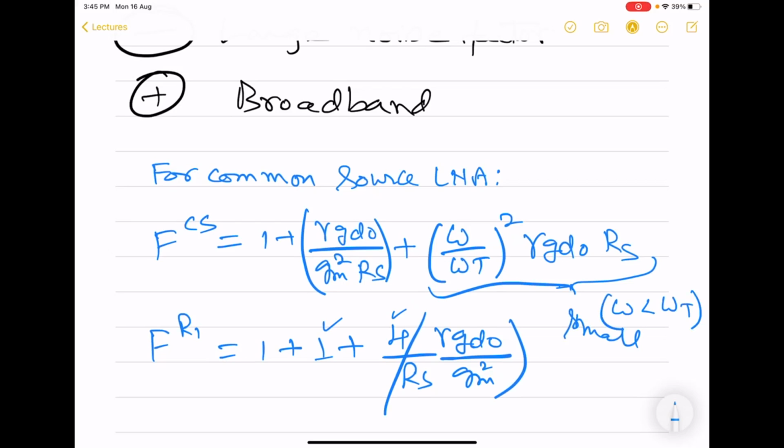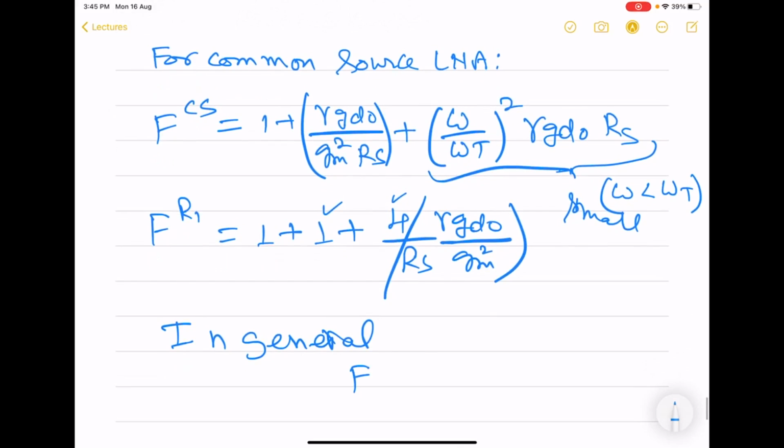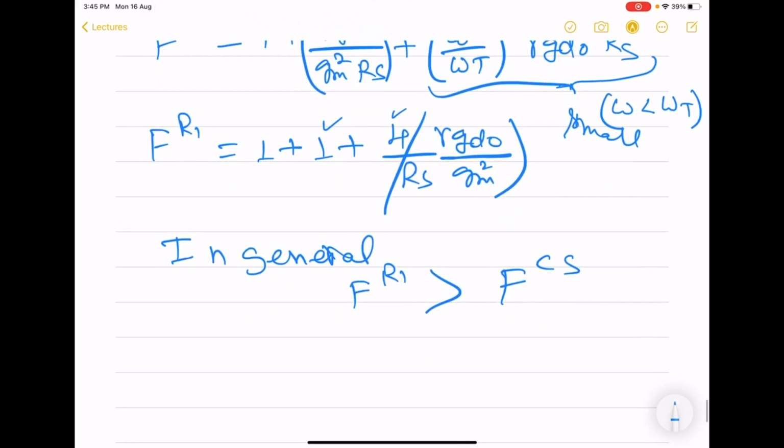And now you can see that in general, the noise factor of the resistively terminated case is going to be greater than that of a pure common source.